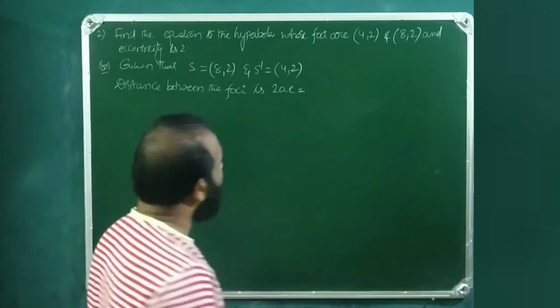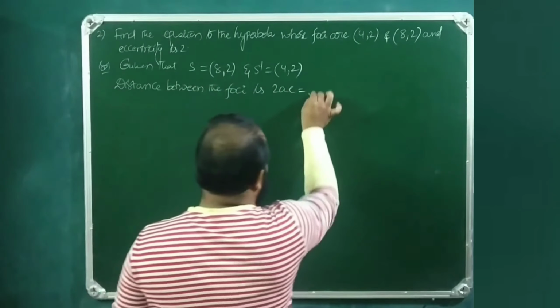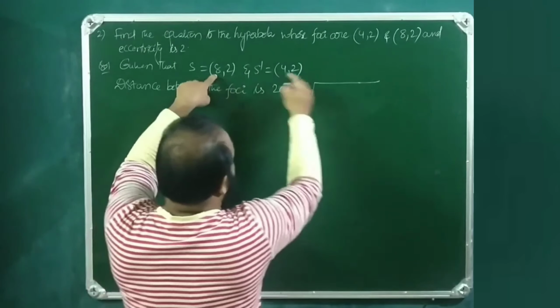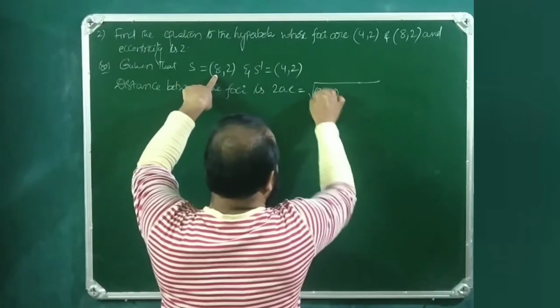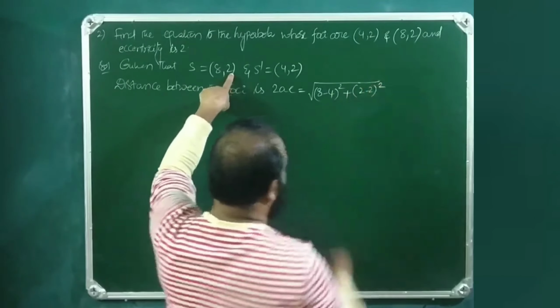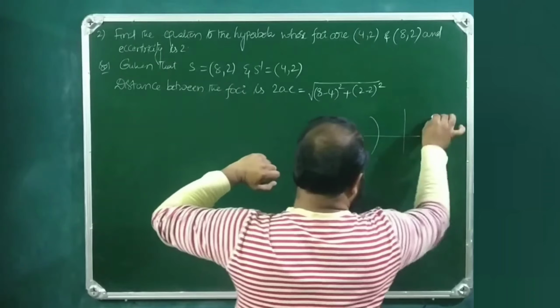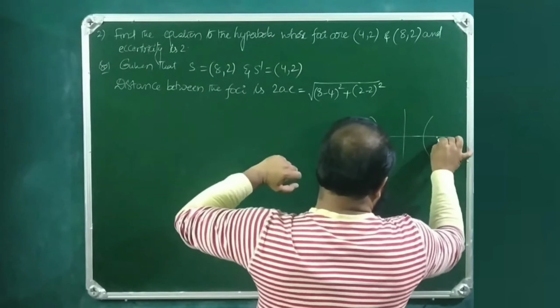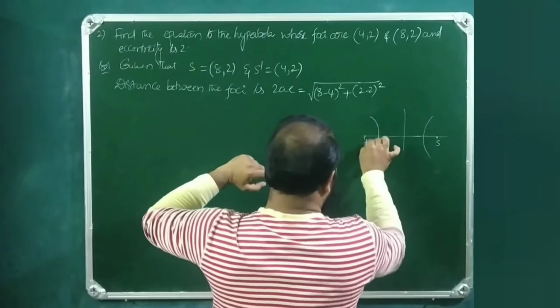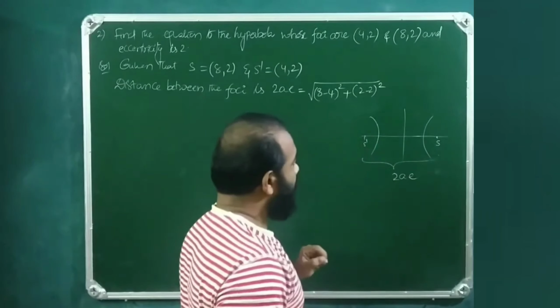What is the distance between S and S dash? Square root of (8 minus 4) whole square plus (2 minus 2) whole square. So the hyperbola is like this. This is S and S dash, and the distance between them is 2ae.